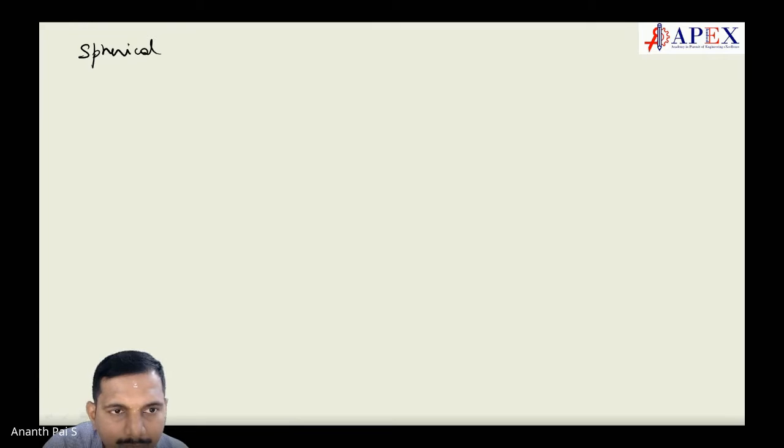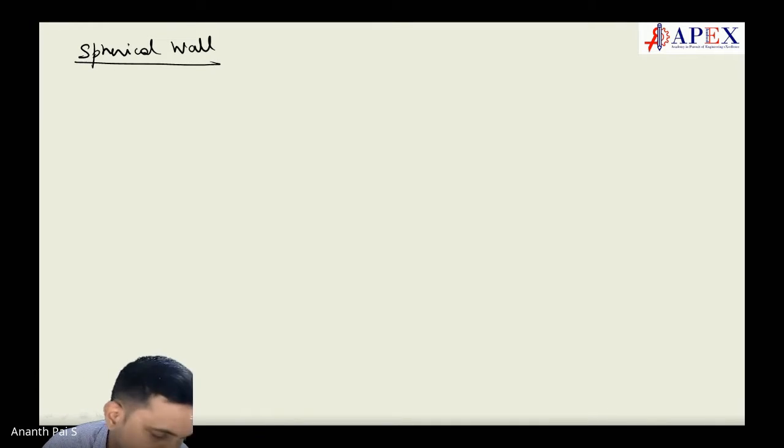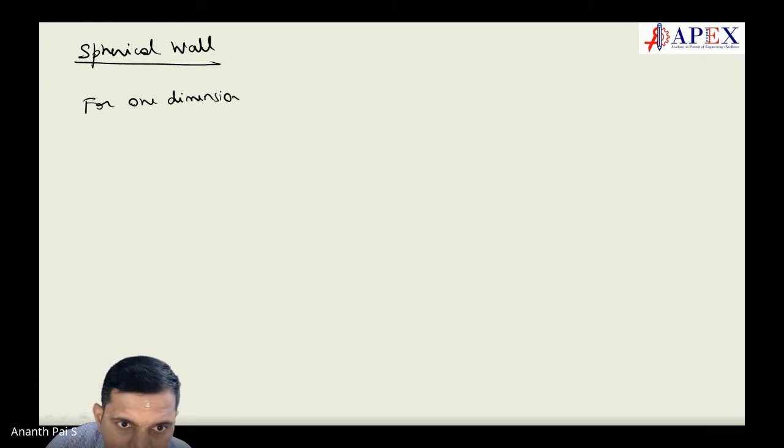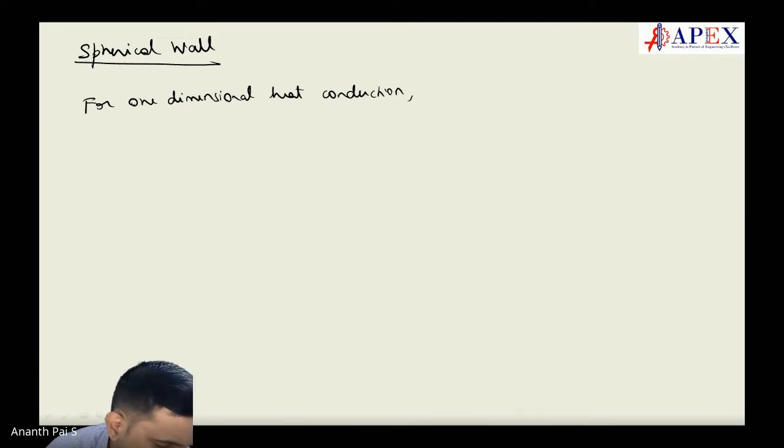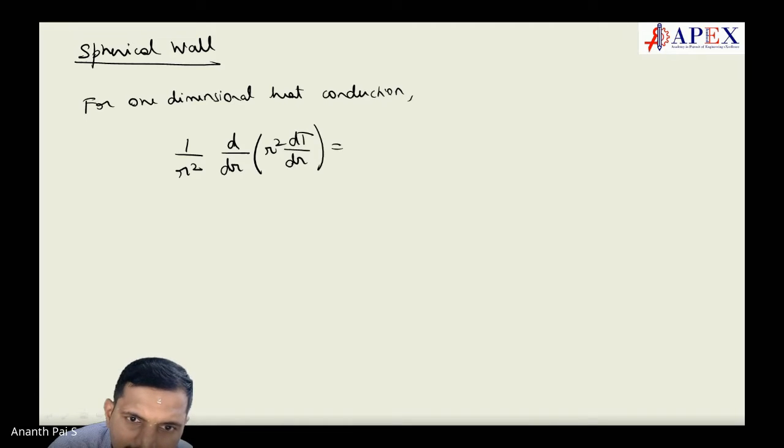What is the equation in the spherical wall? One dimensional heat conduction: 1 by r square into d by dr into r square dt by dr equals 0.